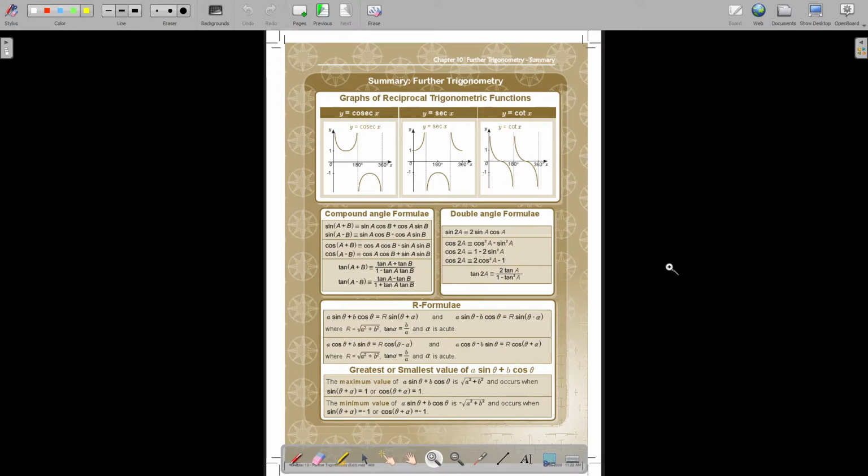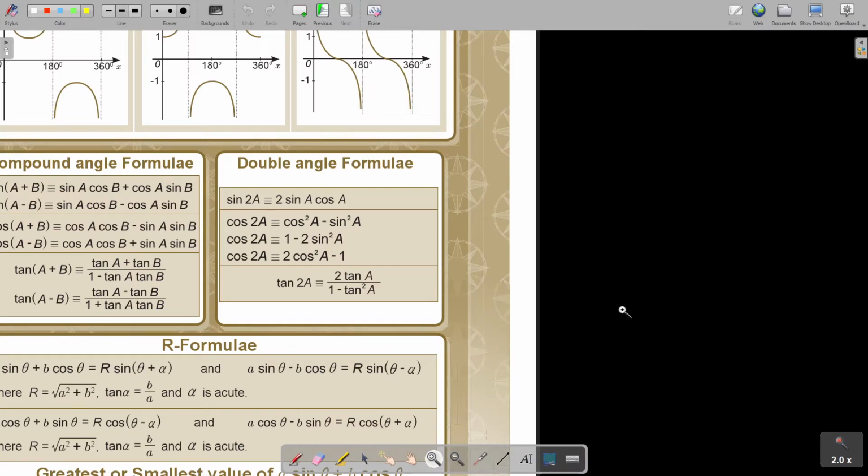I want you to check here. I don't know why it's so slow. Let me show you. Do you see there? I just want to see if I can make it bigger while I'm struggling. Do you see there? 2 sin A cos A, or theta, doesn't matter. There it is. So if I have this in that place, I can write sin 2 theta or sin 2A, depending on what is there.